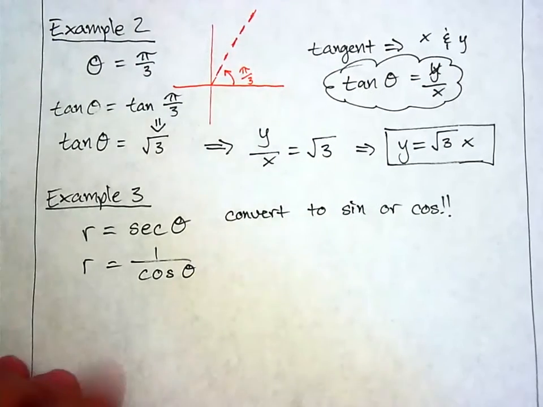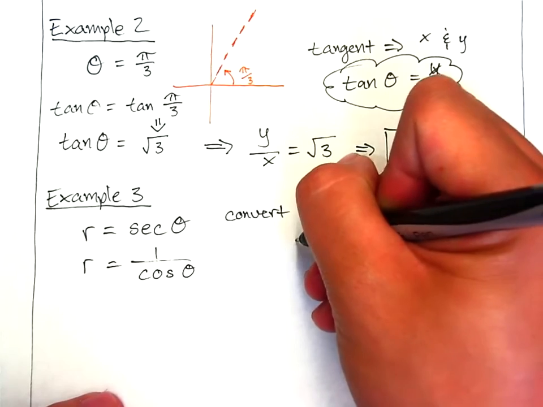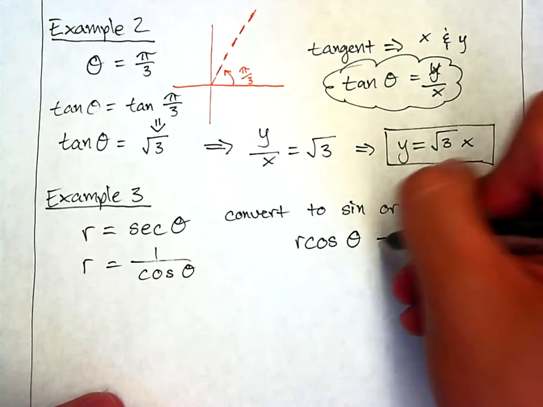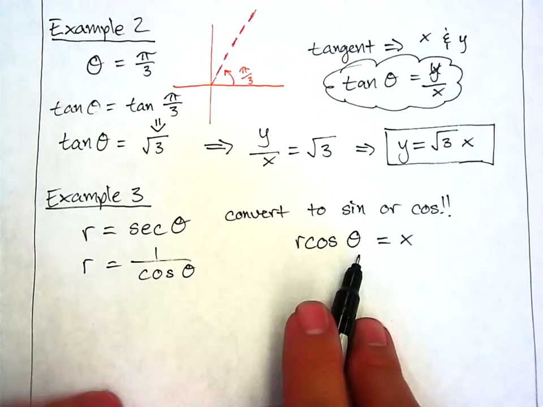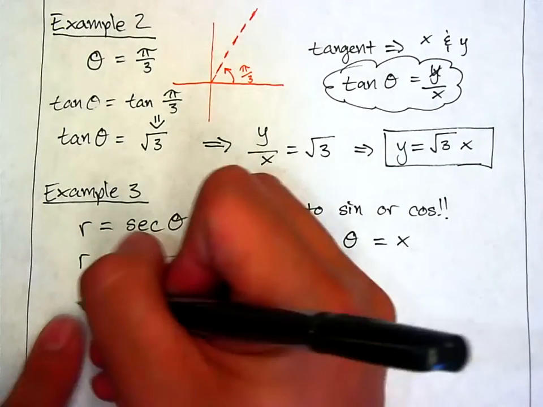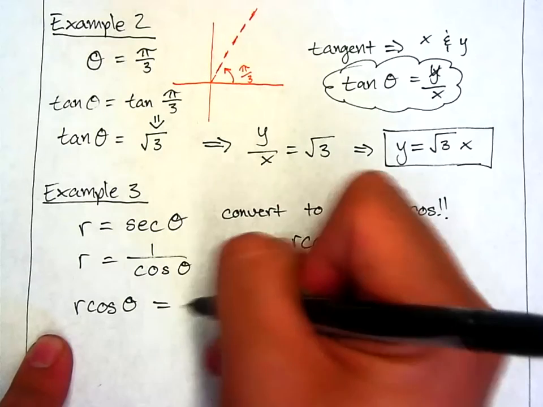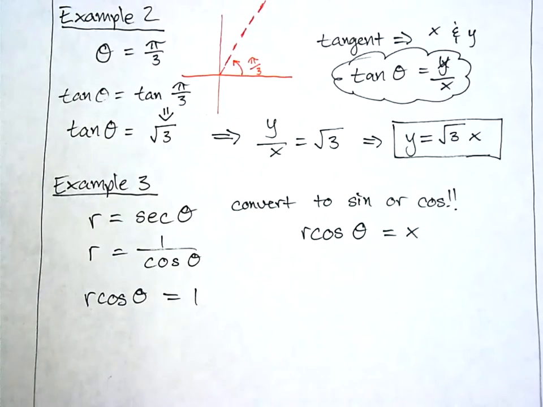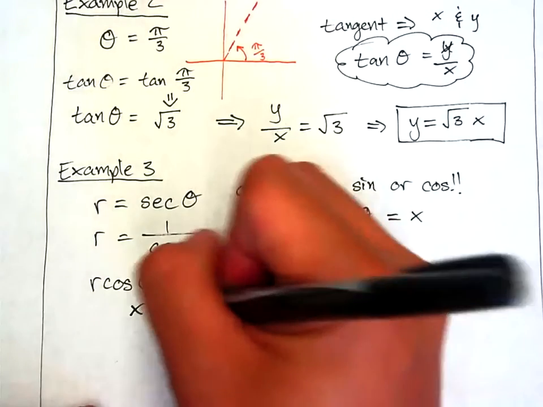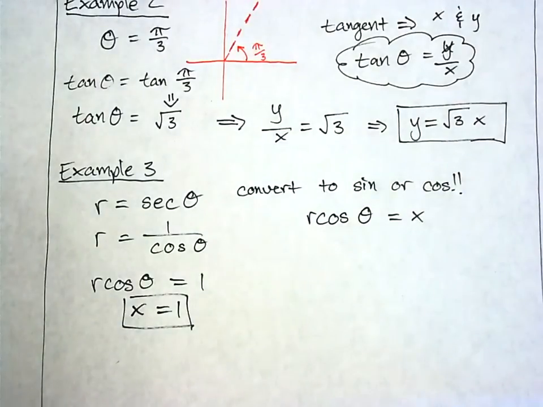At this point, we want to think back to what we did yesterday, or 2 days ago maybe, and recall that r cosine of theta is equal to x. How can I get that? I'm going to multiply both sides by cosine of theta. So I do that. I get r cosine of theta. Cosine theta cancels. Now I have r cosine theta equals 1. I replace this with x over here. So x is equal to 1. And there you go. That's my rectangular form for this polar equation.